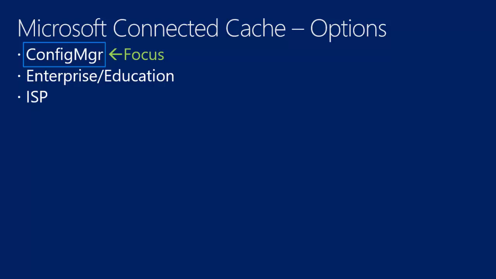There are other ways. So there's a Microsoft Connected Cache server referred to as standalone. It's also referred to as an enterprise or an education Connected Cache server. As of the time of this recording, that version of the Connected Cache server is in private preview.